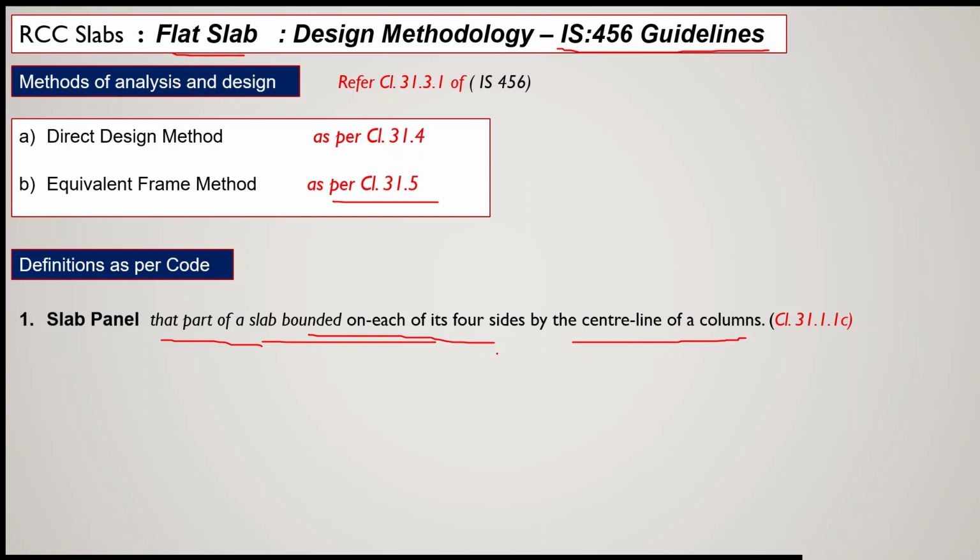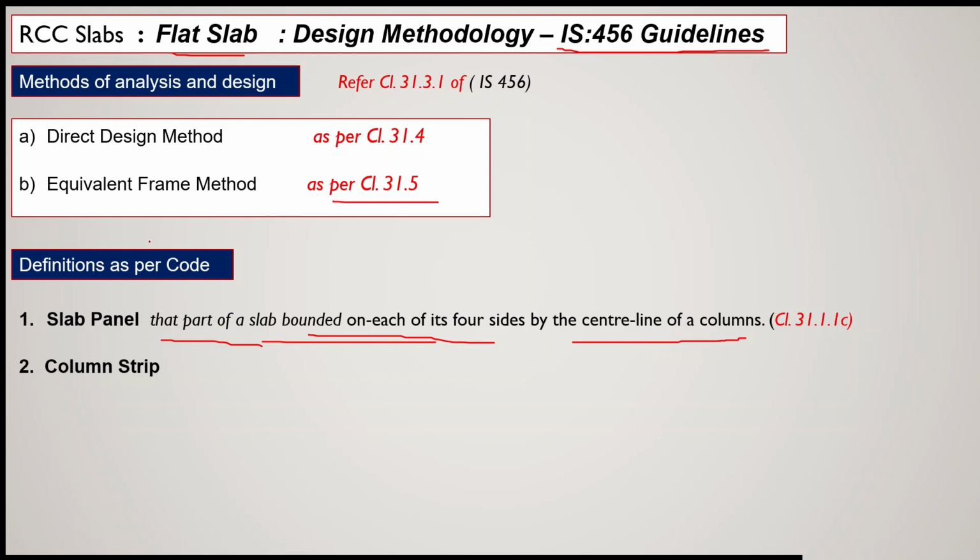So let us consider there are 4 columns. When you join 4 lines from center to center of the columns, that will become one panel. You can go through IS 456 if you have any doubt.